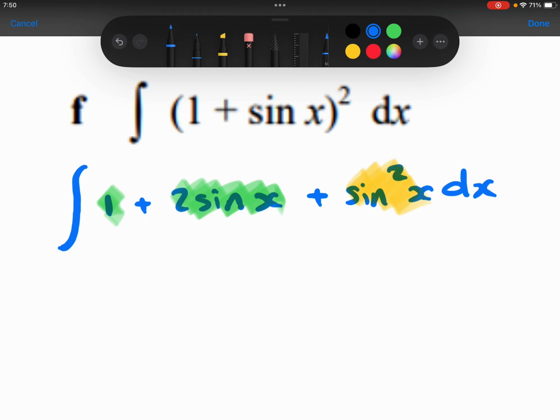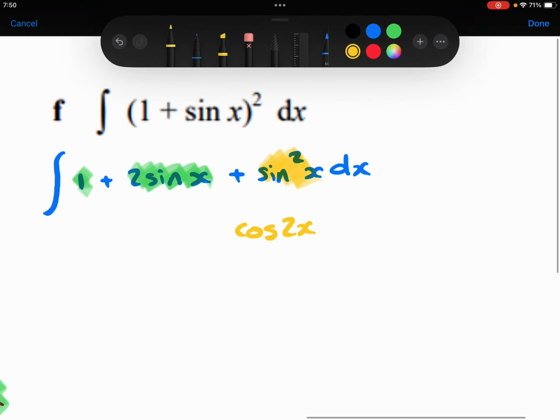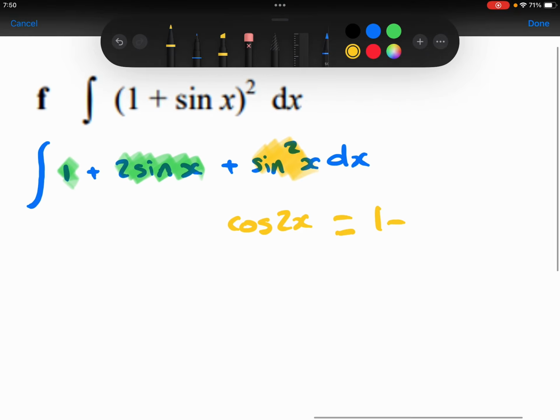We're going to use the cos double angle formula. So I know that cos 2x is equal to 1 minus 2 sine squared x.